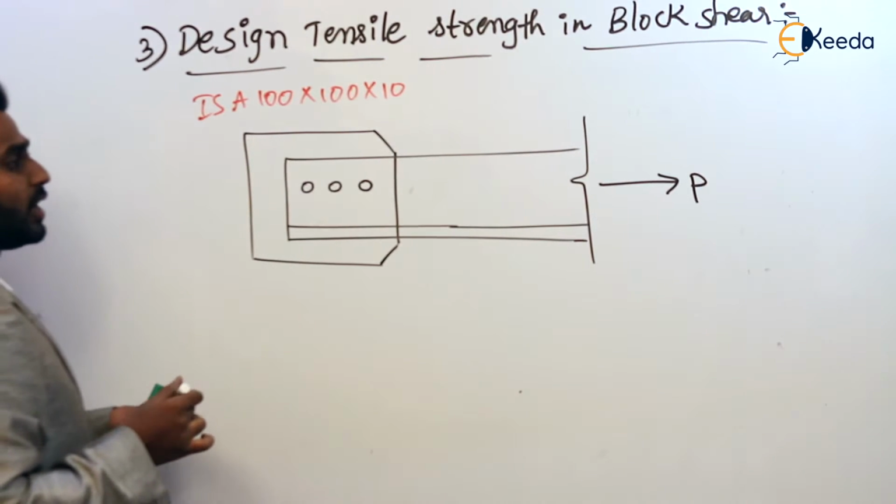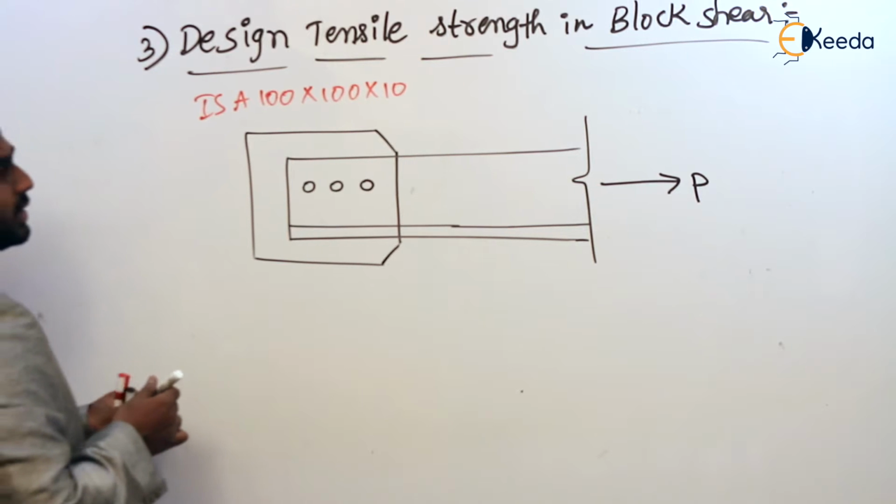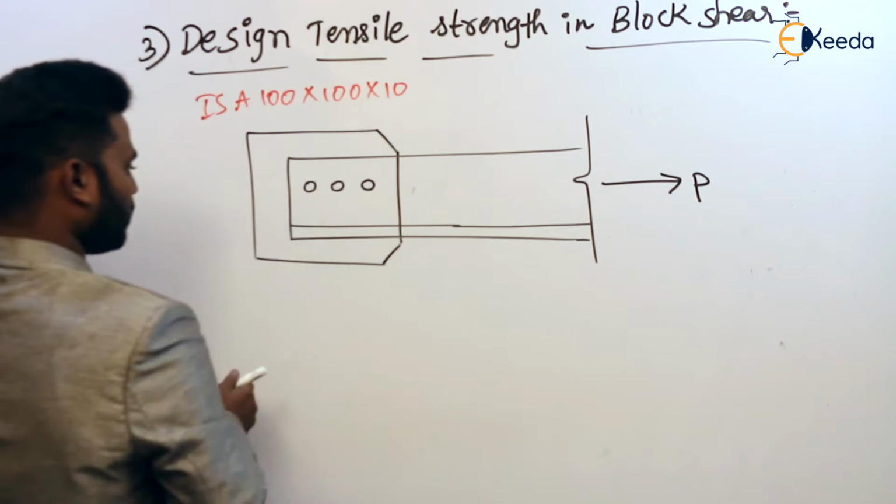Now in block shear failure, this is going to fail like this. I'm going to show here how this is going to fail in block shear.